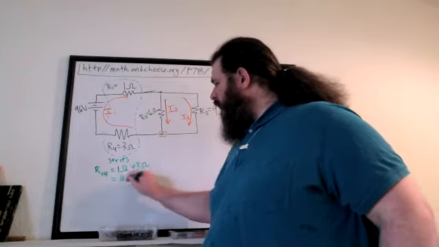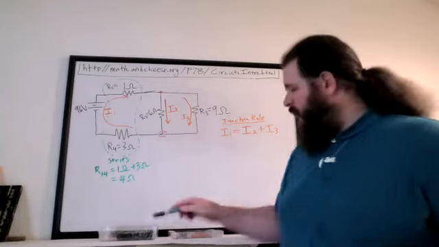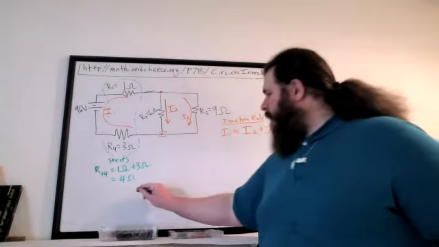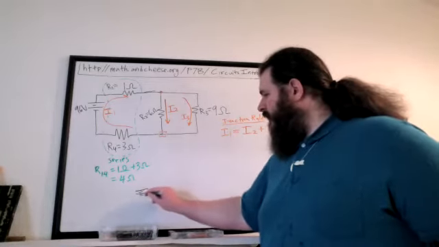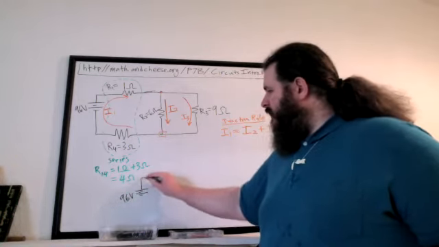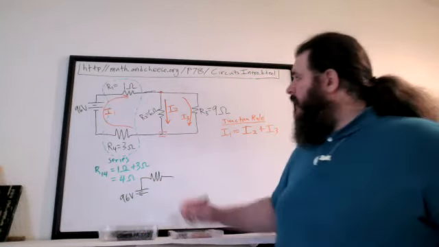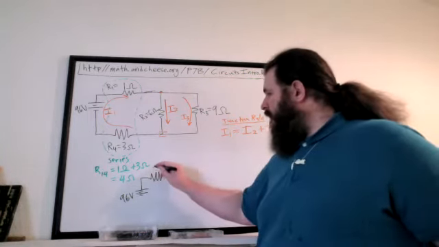So that'll be 4 ohms. So these two resistors together act like just a single 4 ohm resistor. So we can simplify this and say we've got a 96 volt battery, and then we can combine those on either side. Doesn't really matter where we put it, as long as it's on that path. And say these two together act like a 4 ohm resistor.